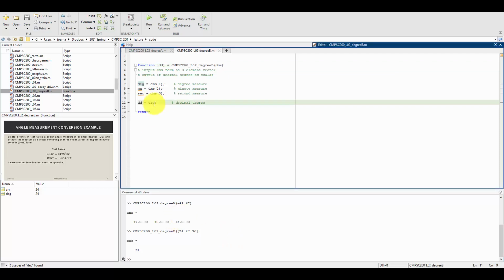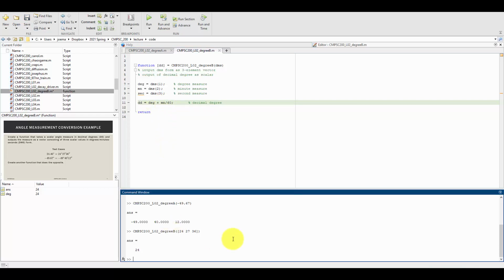All right, so I'm going the other way. I know that each minute is 1/60th of a degree. So I can add to this the number of minutes I have over 60. So if I had 60 minutes, I should be adding another degree. Obviously, I would just put that into the degrees column here. But this should work to include the minutes. Let's see, I get 24.45.